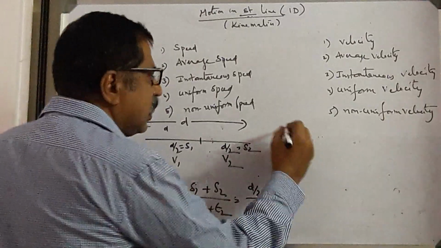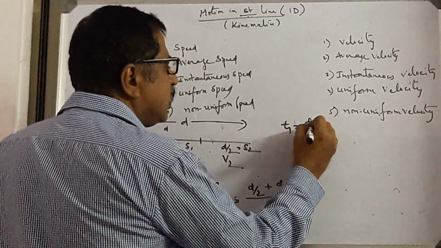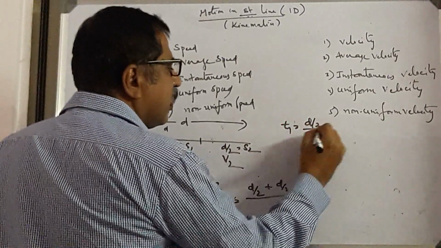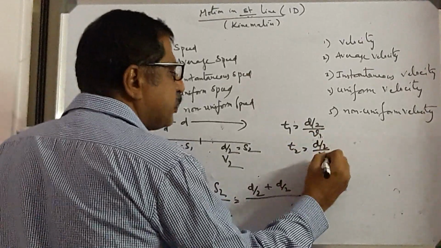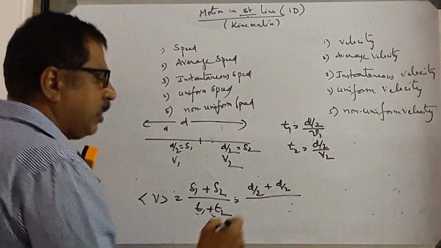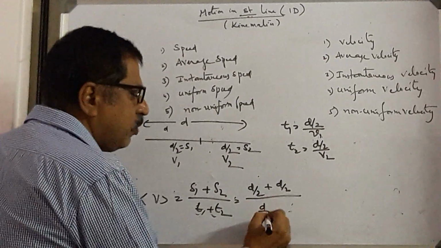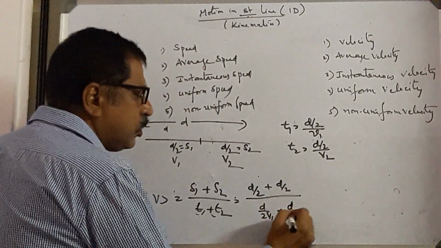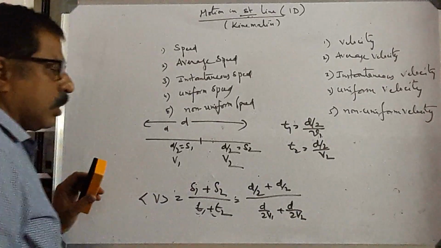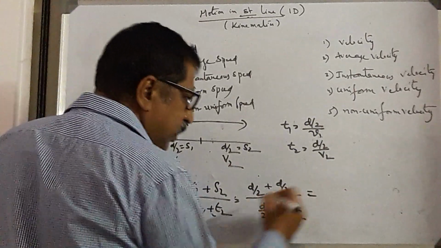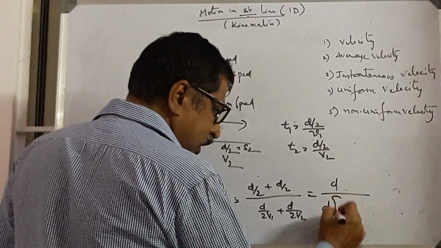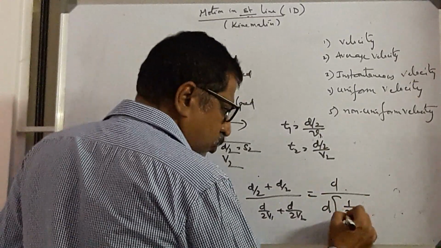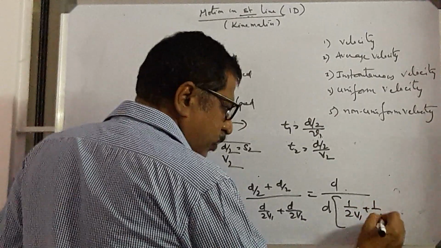Here T1 is equal to distance travelled by speed, and T2 is equal to distance travelled by speed. Now it becomes d by 2v1 plus d by 2v2. If you simplify, d is common in the denominator, giving 1 by 2v1 plus 1 by 2v2.